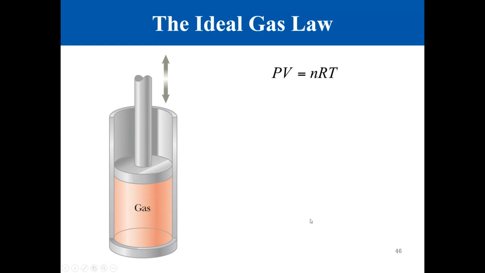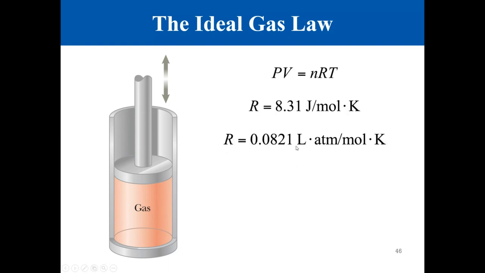We put these three laws together and arrive at the ideal gas law, which says PV equals nRT. n is the number of moles, R is a universal gas constant equal to 8.31 joule per mole Kelvin.